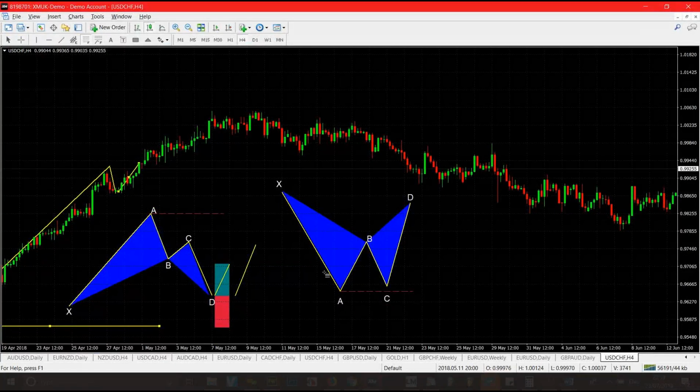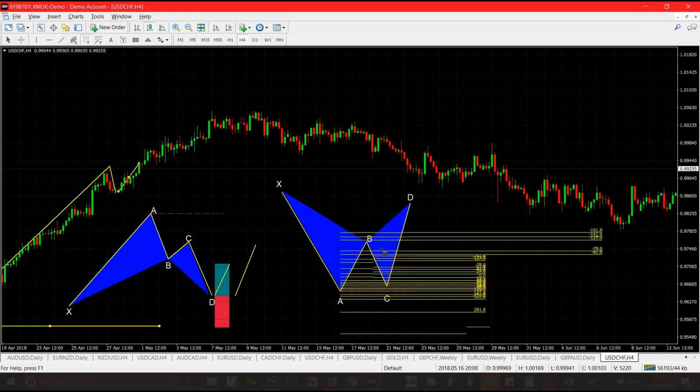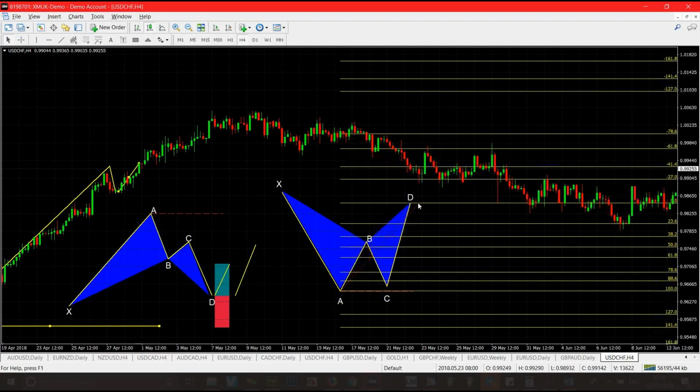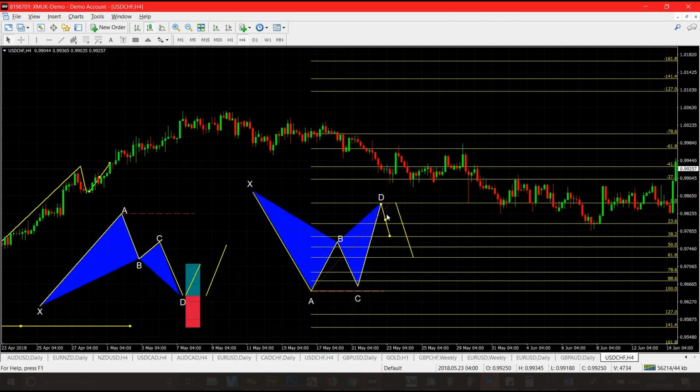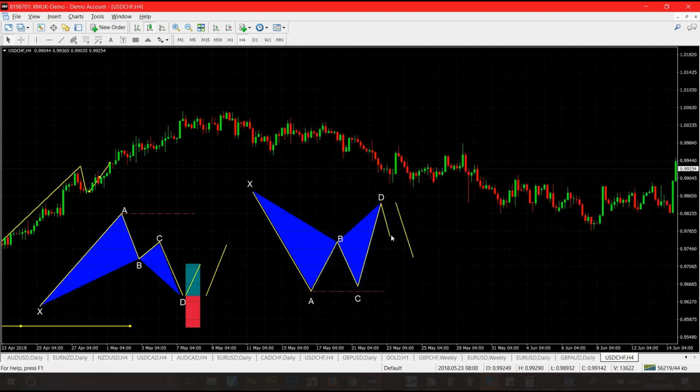So X, A to D would give you your TP. Where's your 38? That's your first TP. Where's your 61.8? That's your second TP. So if you're going to take this, you will take profit at that level. And if it keeps going down, you take profit at that level. But if it keeps going down still, you look for your 78 or any other level.